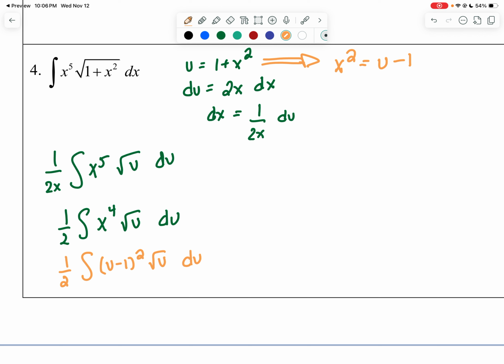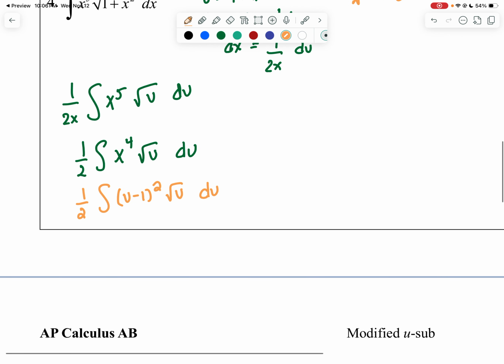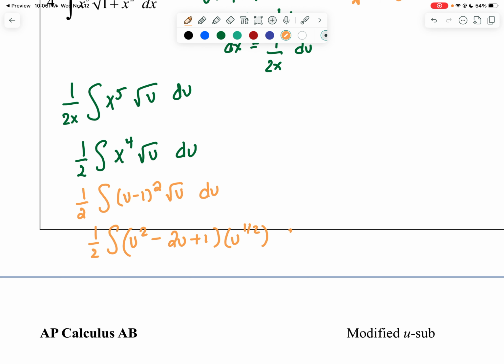Now, this is going to get very messy because I have to expand u minus 1, and then multiply that by u to the 1/2. So now I'm going to get u squared minus 2u plus 1, and then u to the 1/2 du.